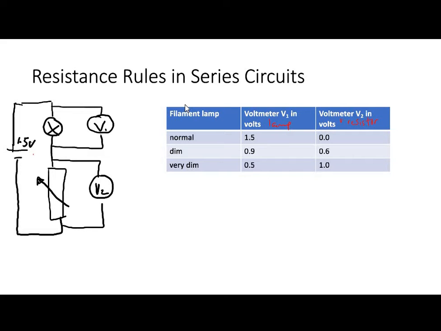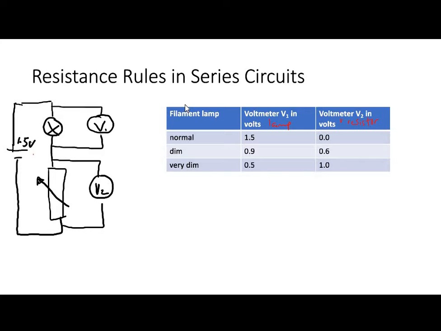We're going to look at some data and look at how resistance changes in this example. Notice that under normal conditions with the bulb lit, the voltage across the bulb is 1.5 volts. In fact, it's the same as the battery. In this instance, there is no voltage across the variable resistor.